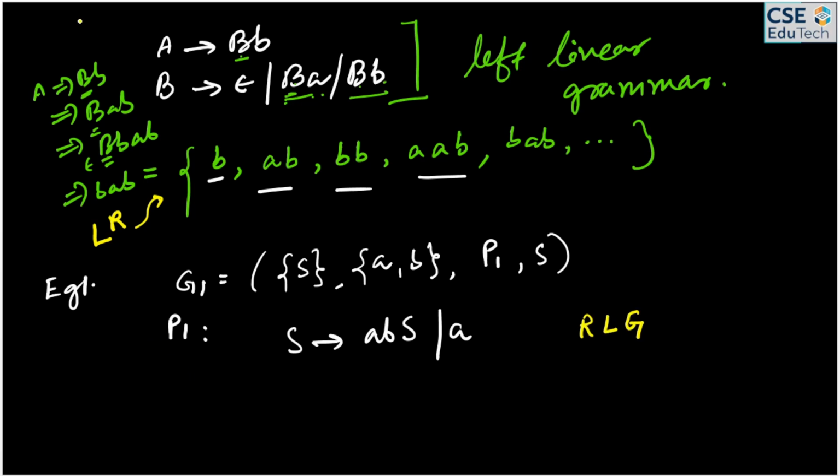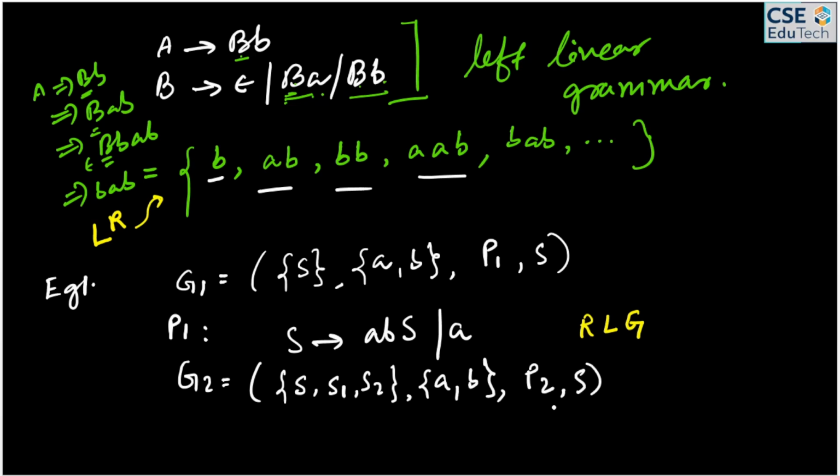Another grammar we call G2, which is defined using S, S1, S2, with terminals A, B, production set suppose P2, and start symbol S, where production P2 is defined as S to S1AB, S1 to S1AB or S2B, and S2 to A. This is also a left linear grammar.